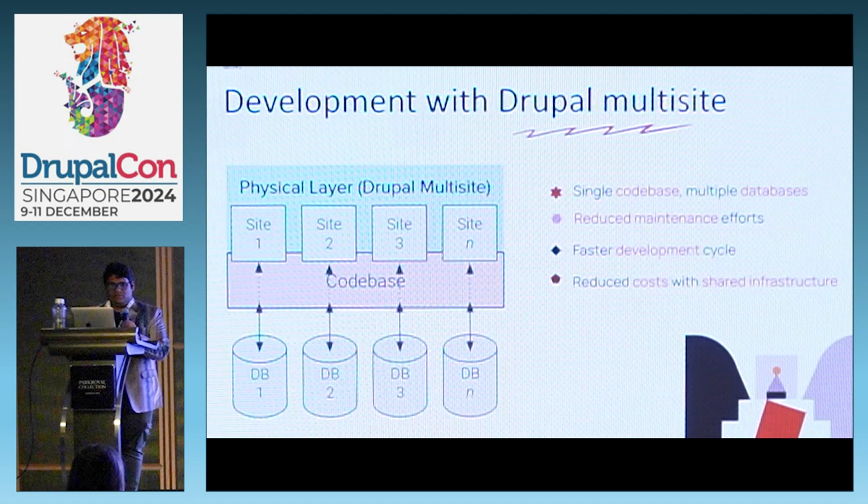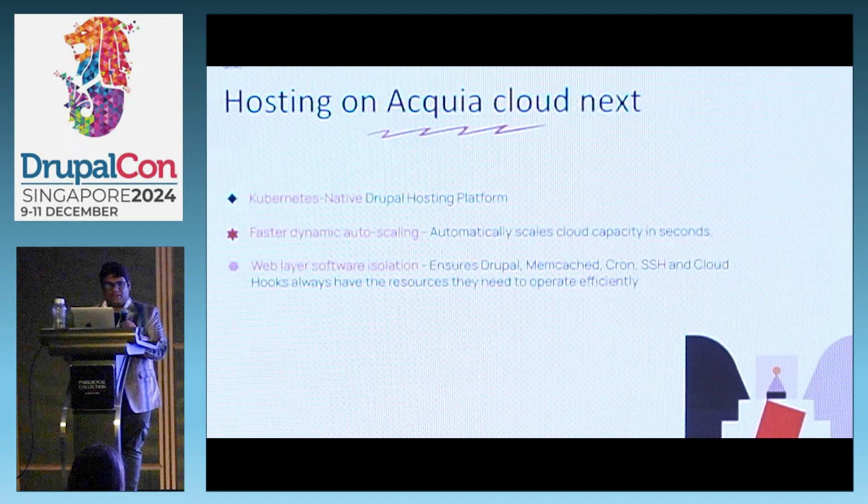Once we decided the multi-site architecture would be the main focus, we decided we would be hosting on Acquia Cloud Next. Acquia is one of the big hosting providers for Drupal, and we could have gone for Acquia Cloud or Acquia Cloud Site Factory. But we thought that if we go with Acquia Cloud, it won't scale well because we would have multiple sites running on a single shared infrastructure.